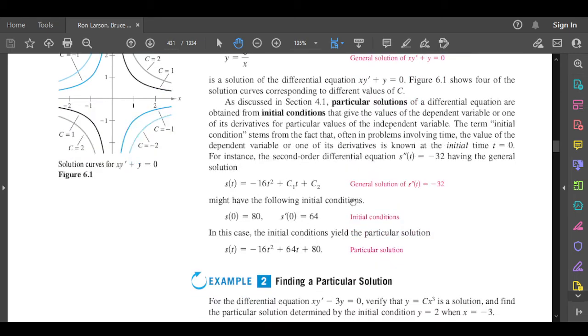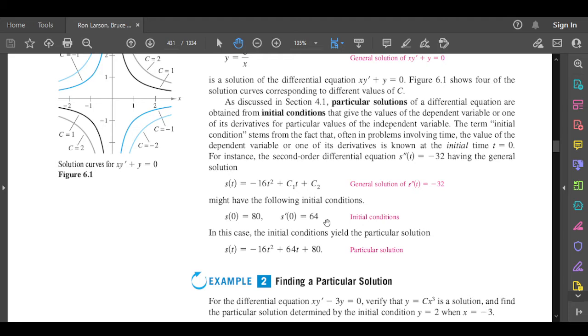For example, in this equation, this is the acceleration due to gravity. We can have an initial condition given by this one: at time equal to 0, the position of the object is at 80 feet. Then at time equal to 0, the velocity, which is the first derivative, is given by 64.